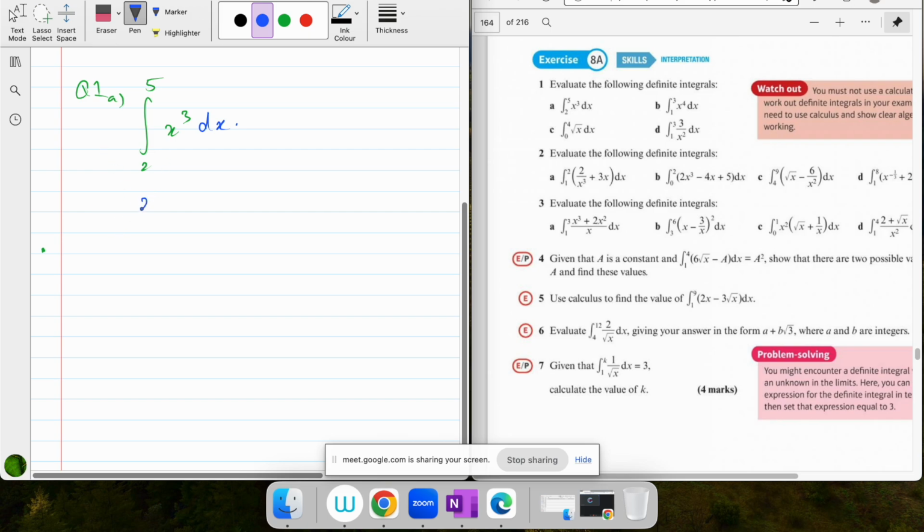So when we integrate, what happens? We increase the power by 1, divided by the new power, from 2 to 5.